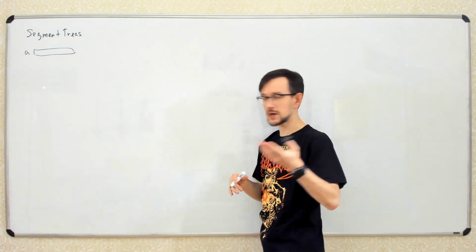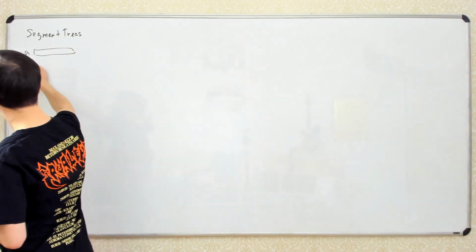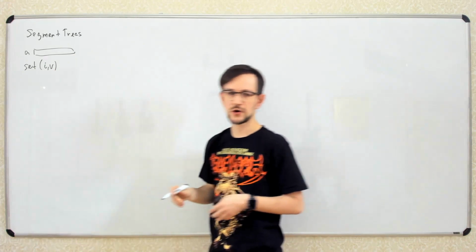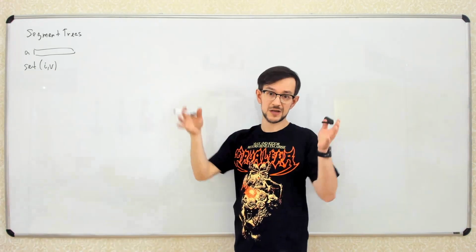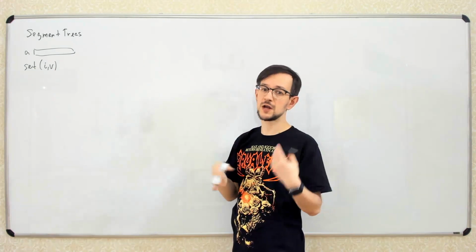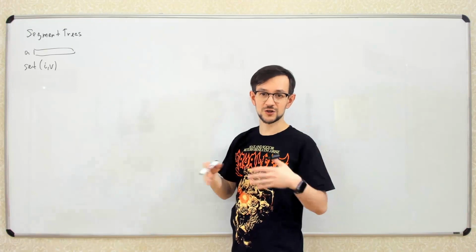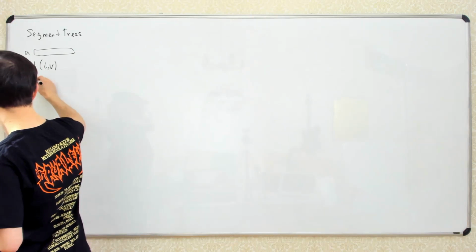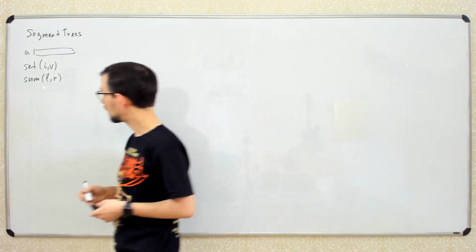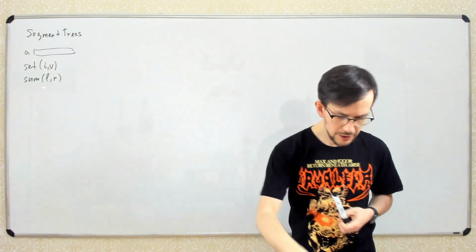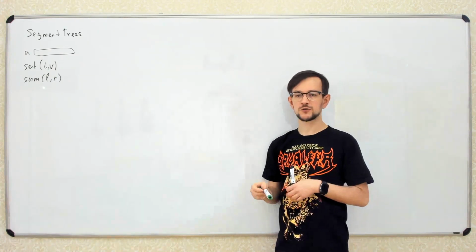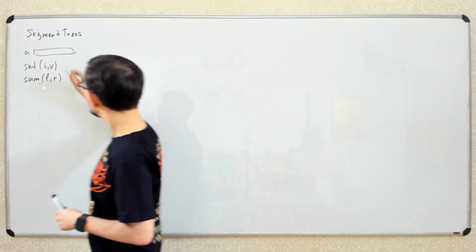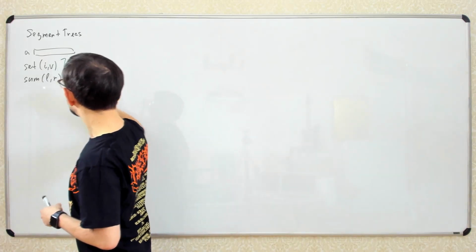The first query is to change the element, so we have something like set element i to v, and the second query is to find the sum on the segment, or minimum on the segment, or any other associative function on the segment. And we discussed how to make the segment tree in such a way that both these operations work in log n time.